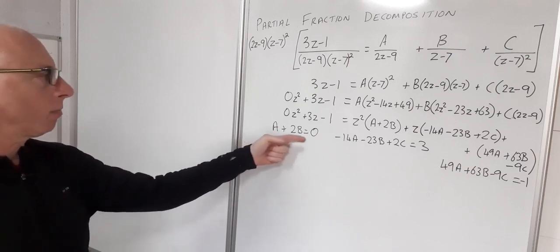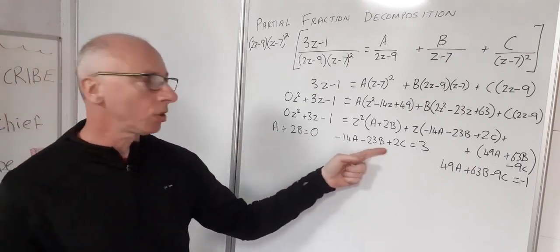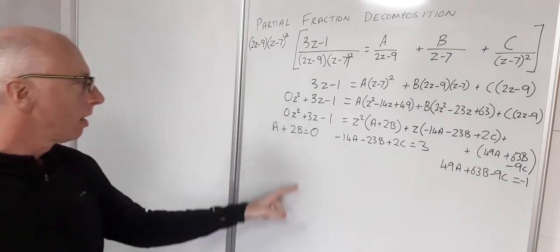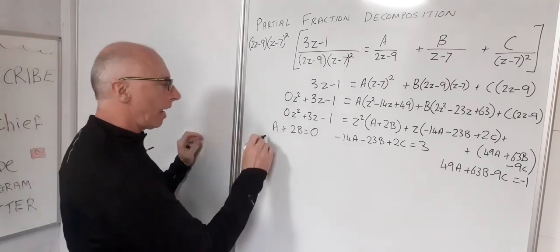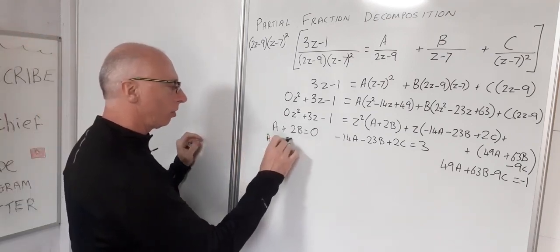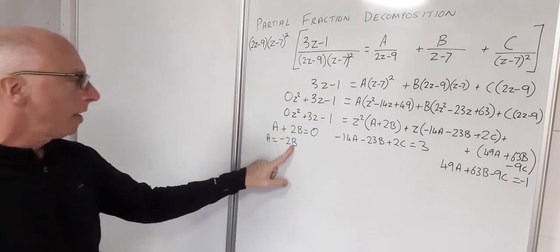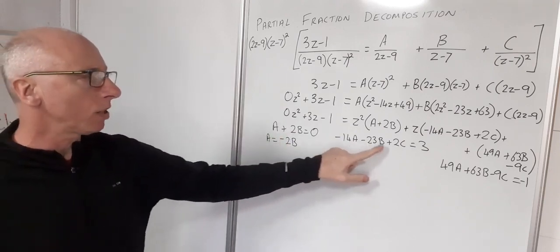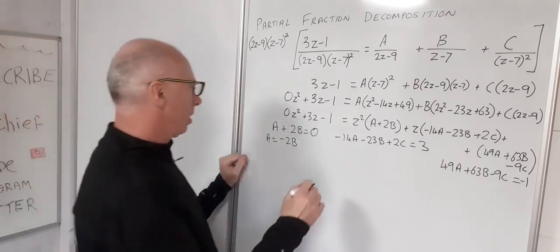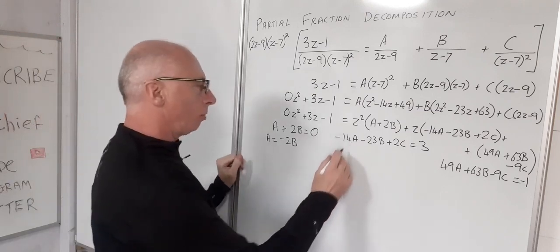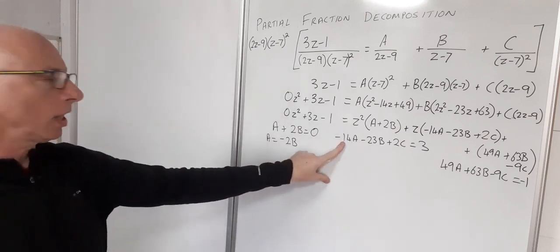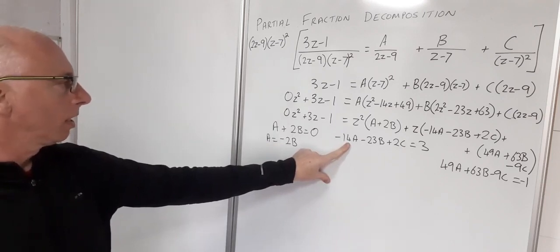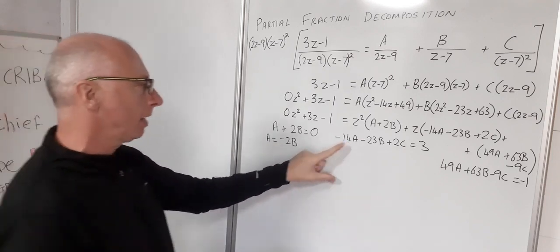Okay, right. So I've now got a plus 2b equals 0. So I need to do something with that and then maybe substitute into one of these. So I'm going to set a equals minus 2b. And then substitute for a, put minus 2b in here. So I've got minus 14 times minus 2b, so now I'm going to have 28b.